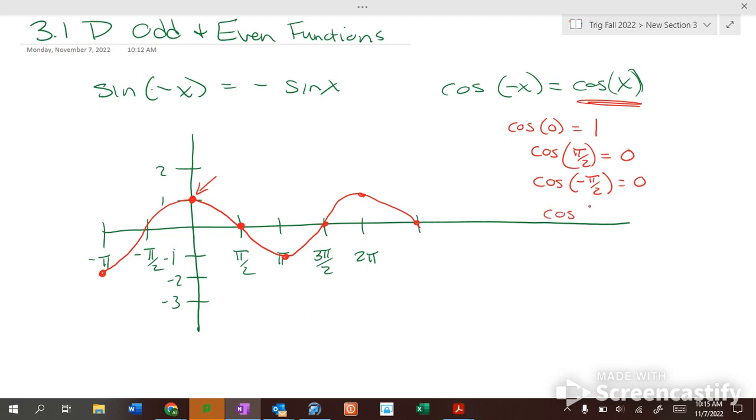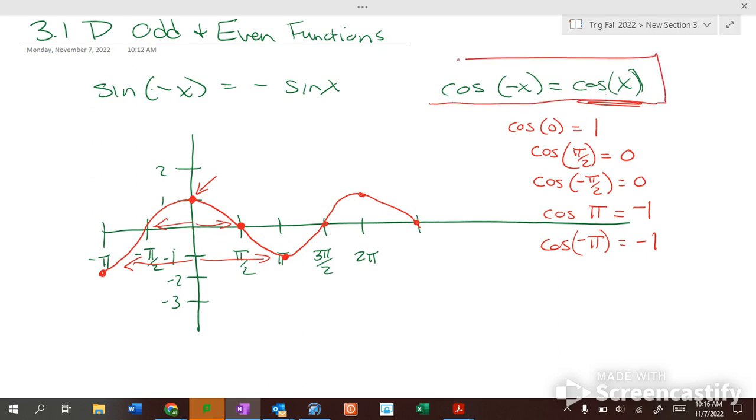What's the cosine at pi equal to? Negative 1. Back over here, what's the cosine of negative pi? Well, that's also equal to negative 1. So they're mirror images across the y-axis. Whatever the positive one is, the negative one is always going to be the same. That's why the cosine of negative x is going to equal the cosine of positive x.